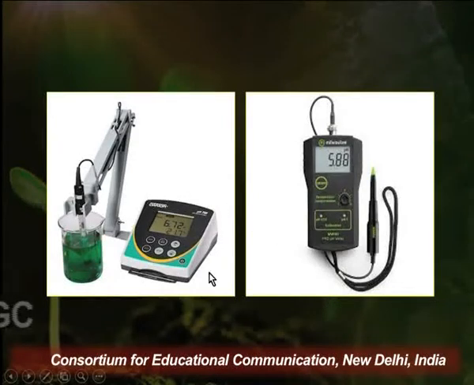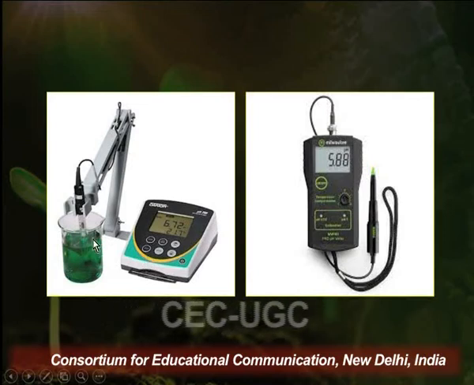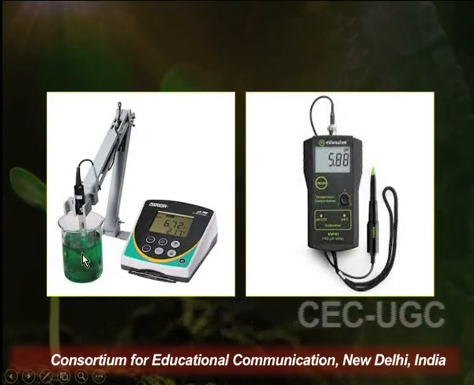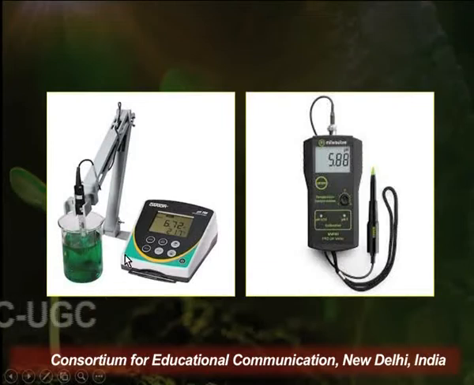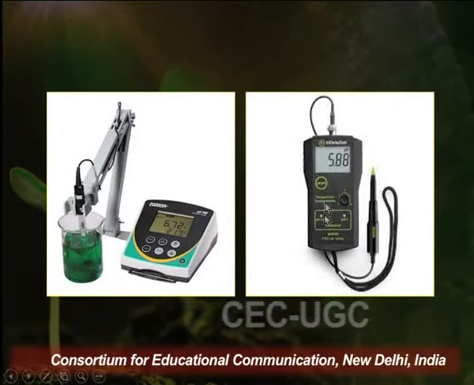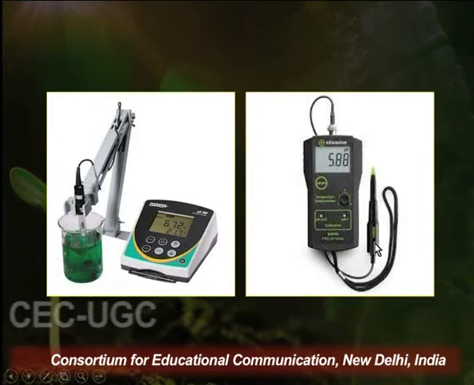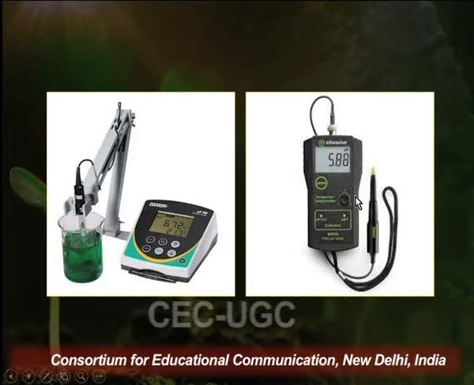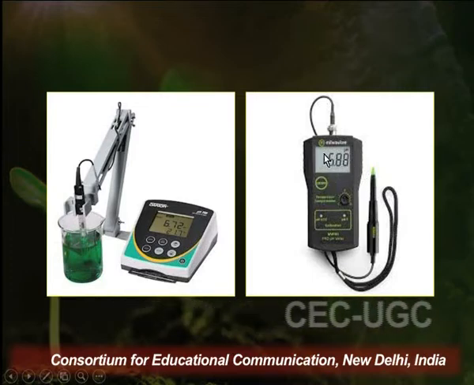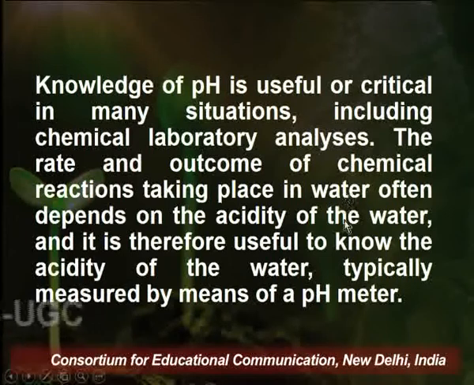So this is the diagram. This is the picture of one of the commonly used pH meters. Here we can see that the electrode is dipped in the solution to be tested, and the pH reading will come on a display. This is one such field pH meter where the electrodes can directly be inserted into soil and the pH of the wet soil could be found out. So let us know more about the pH meter.